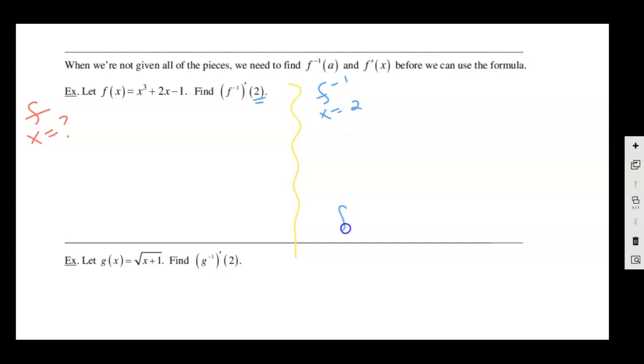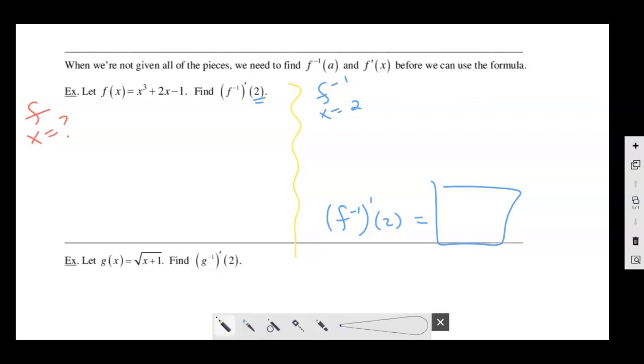And eventually, I want to get to, hey, there's my inverse. What's the derivative of it at 2? I want to know what that answer is going to be. I could potentially try to just brute force it. I'm given the original.